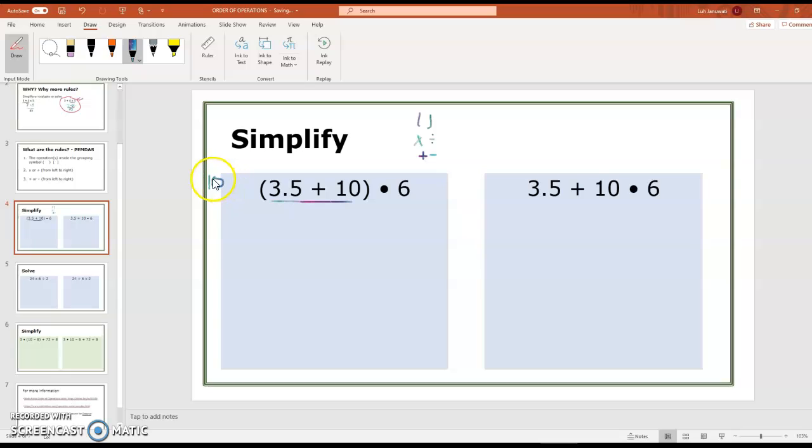Do your work on the side, and remember, you're adding 10 and 3/5, I'm sorry, 3 and 5/10, not like this. Because if you do that, you have 4.5, and that doesn't make sense because 10 plus 3 is 13. So 13 and 5/10, write it down under the one you've done, and then rewrite what you have left.